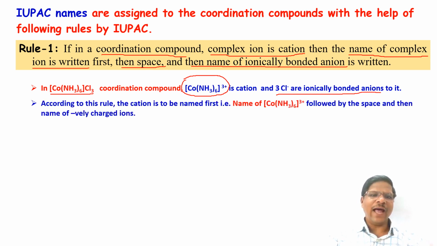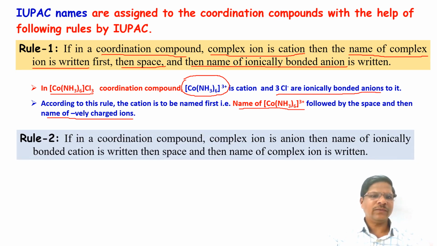So the rule says that in this case we have to write down the name of [Co(NH3)6]3+ and then the name of the chloride ions, that is, the negatively charged ions.